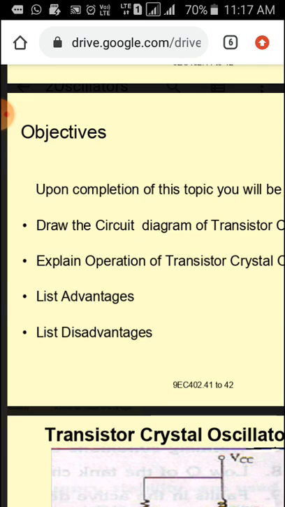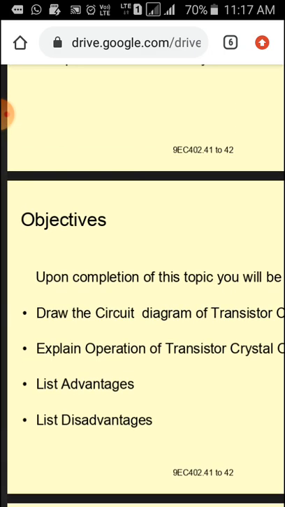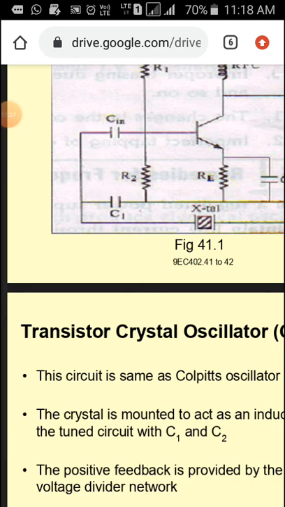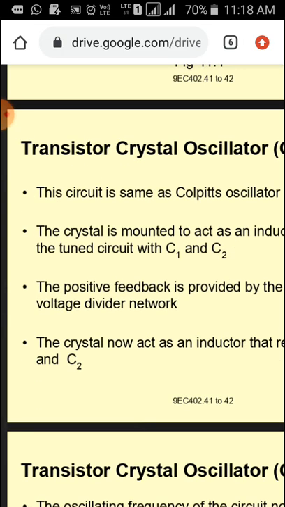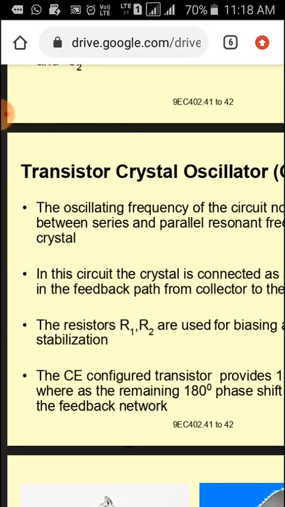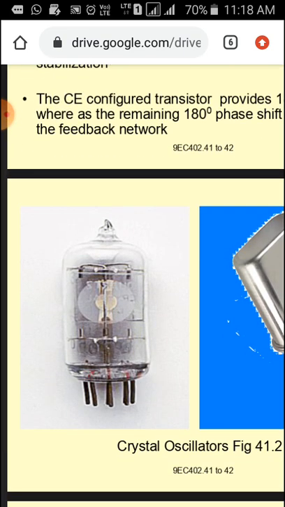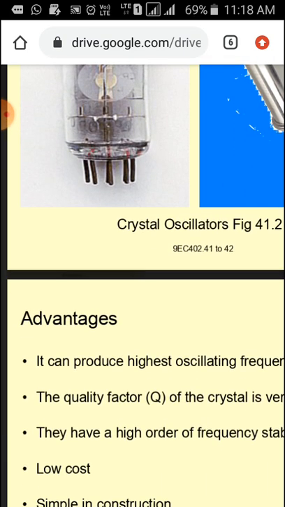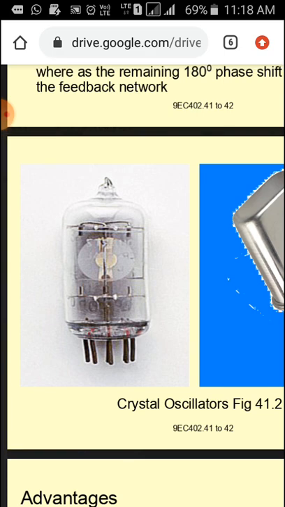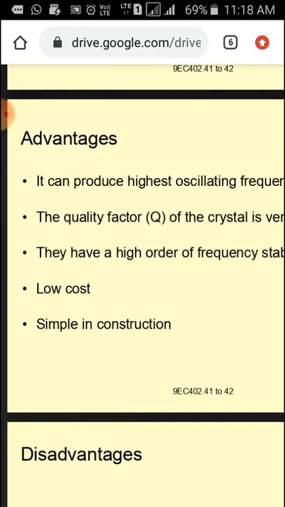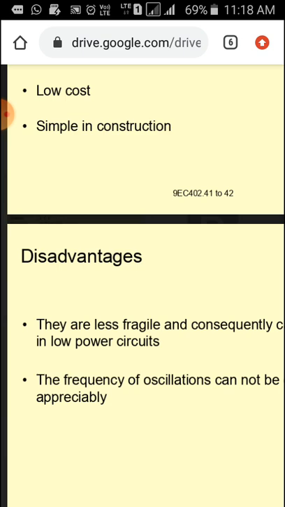We discussed the objectives, and now for the next topic we go to some other slides.